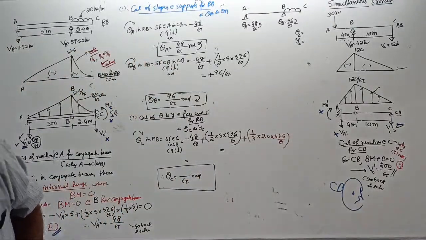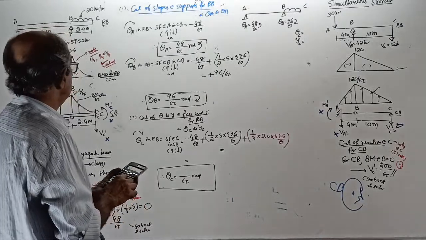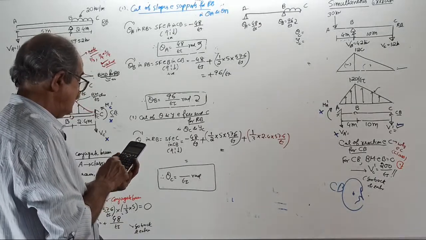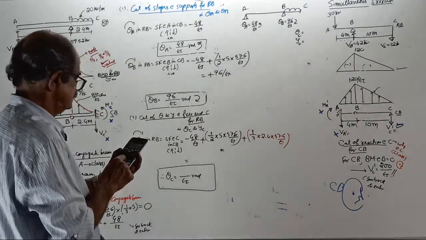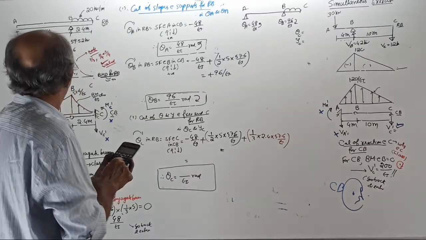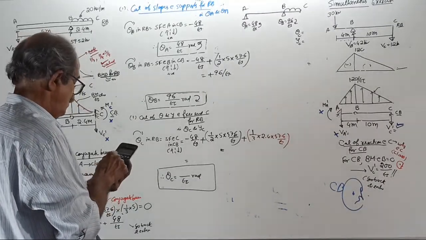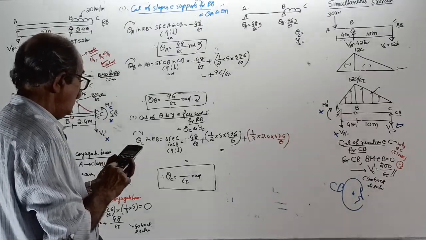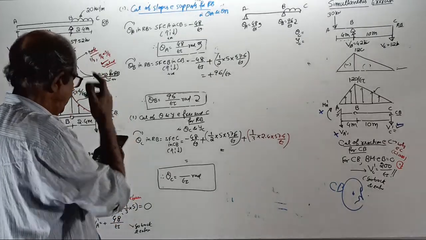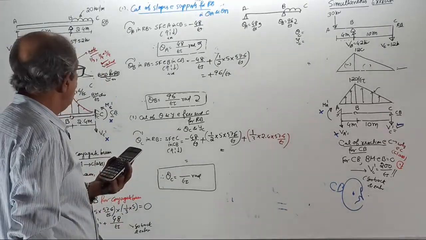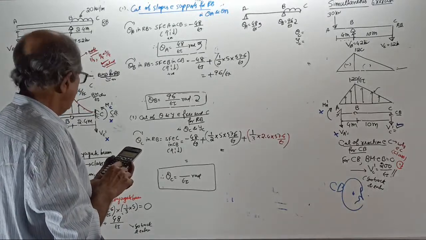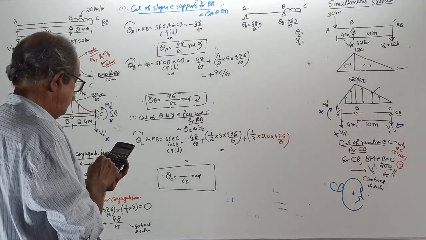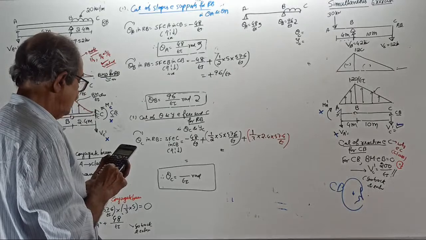Meanwhile, I will apply my own special tricks and get the answer. Slope at B is 96, plus another 48. So 96 plus 20 into 2.4 cube divided by 6.